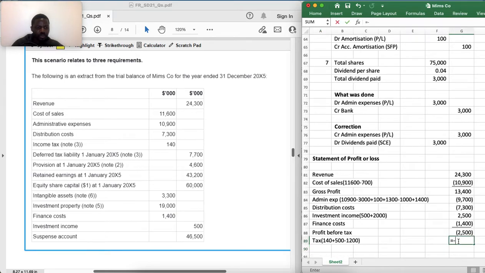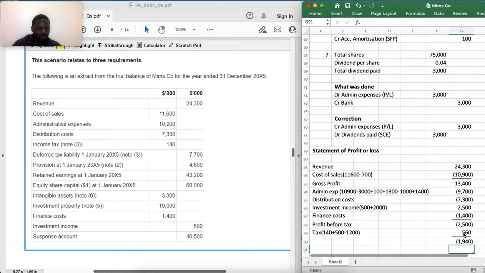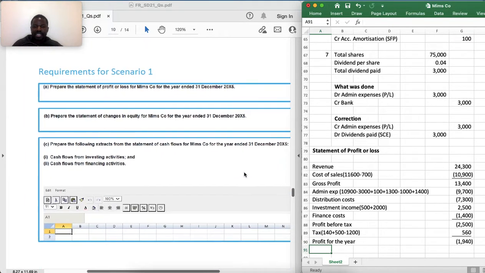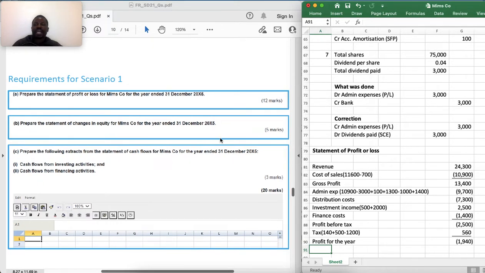So what we'll do here, we'll say 140 minus 500 plus 1,200, like that. Then we can sum up that. When we sum up, we get the profit for the year. We are done with the profit for the year. We have just gotten ourselves 12 marks.